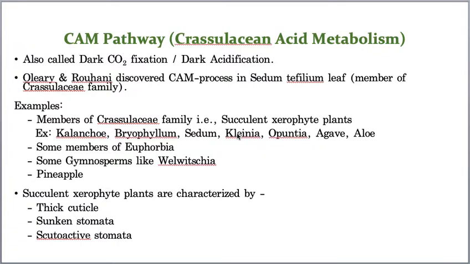And obviously they grow in dry climatic conditions, that's why they are called xerophytes. So succulent xerophytes are the xerophytes which store water for the future. Some examples are Opuntia, agave, and also sedum, bryophyllum. So these are some examples of succulent xerophytic plants.